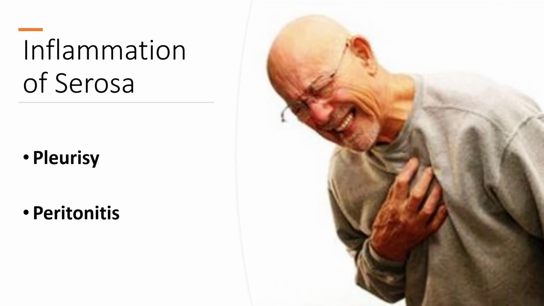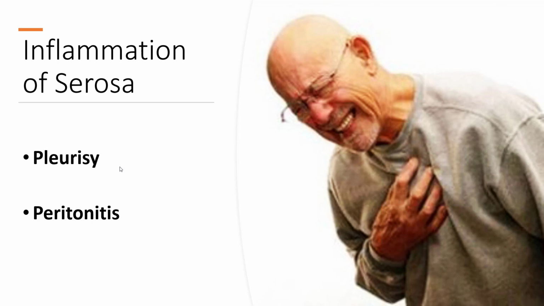Sometimes there is insufficient serous fluid, and we do get rubbing together. And one of the common things that we see is something called pleurisy. Pleurisy is when there is insufficient pleural fluid. Remember, pleural fluid is the fluid in between the visceral and parietal pleura around the lungs.